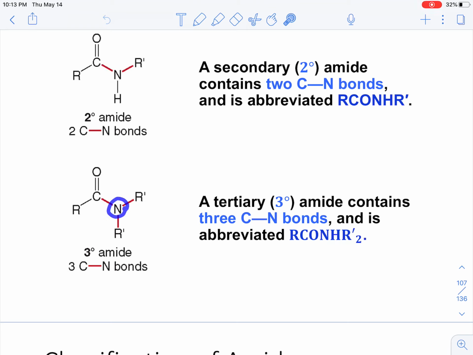Rather, this central nitrogen is covalently bonded to three carbons, where the R group represents an alkyl group. These two R groups can be the same or they can be different. It doesn't matter what its identity is, just as long as this is carbon-based and this is carbon-based. If this R group is a hydrogen, then we don't have a tertiary amide, we have a secondary amide.